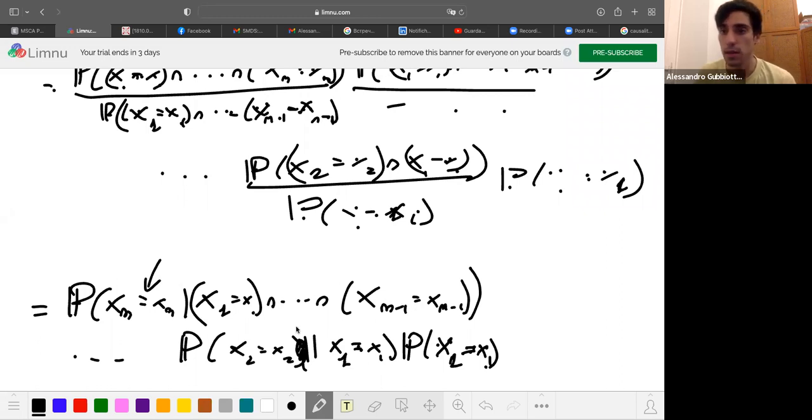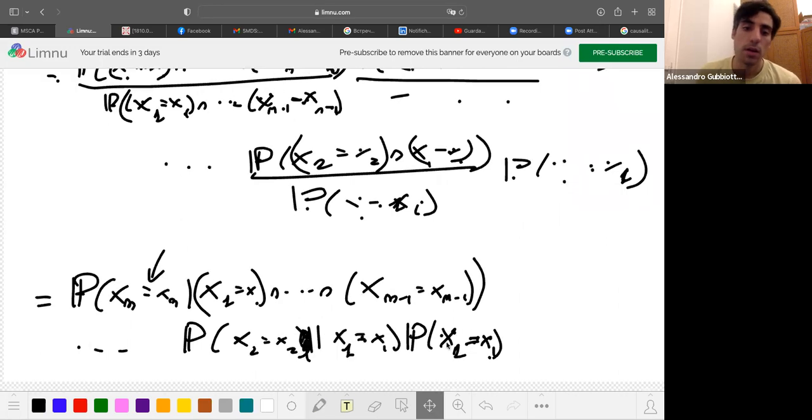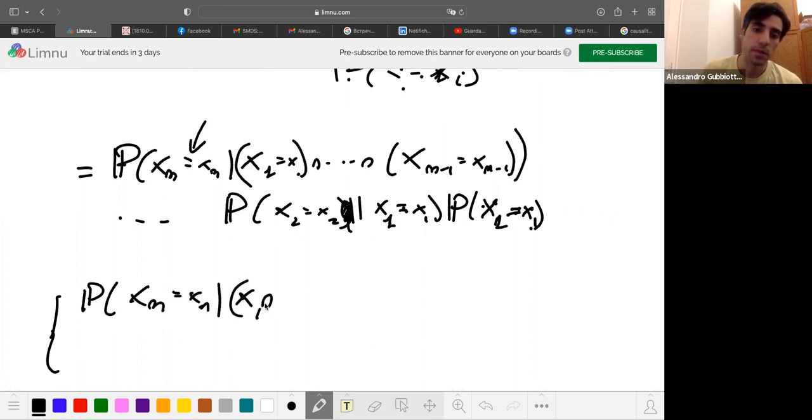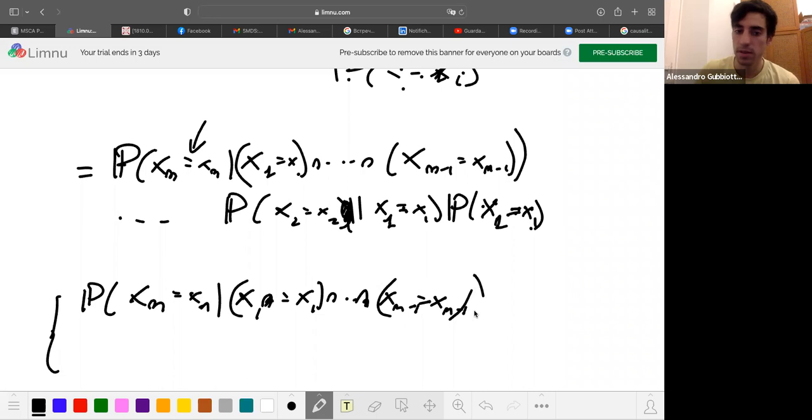So this formula is very intuitive. And now we use the hypothesis of independence. The hypothesis of independence says that if we know that X1 to Xn minus 1 equal to x1 to xn minus 1 happened, the past tosses don't change the probability of the toss Xn.